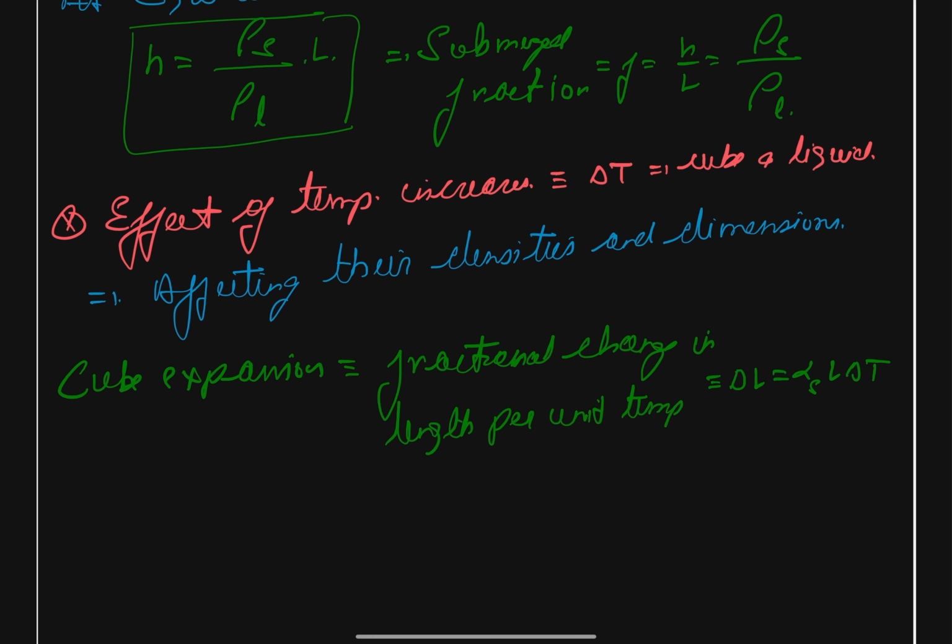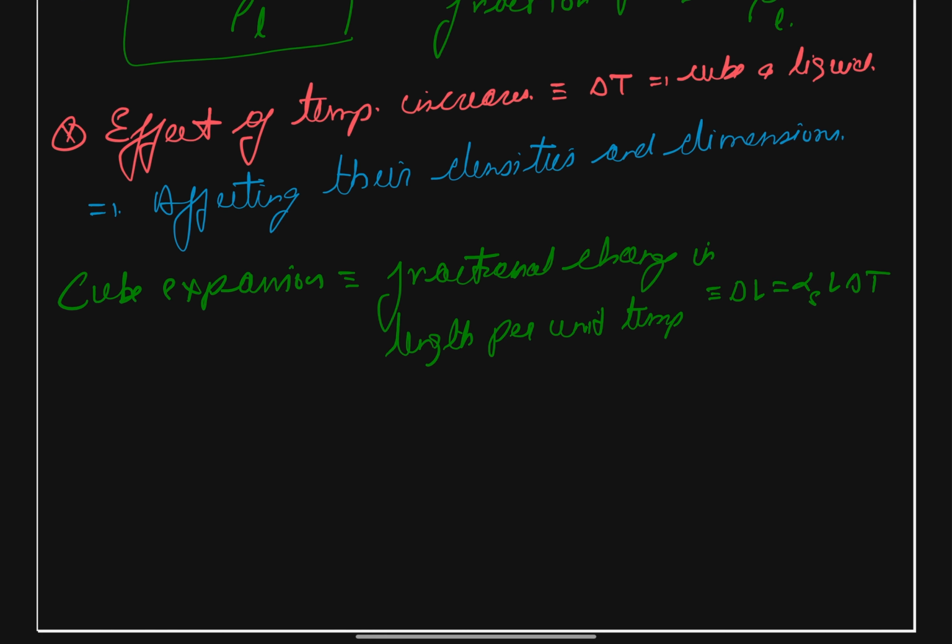Therefore, we can see from here that our new side length, L prime, will be equal to L times (1 plus the linear expansion coefficient multiplied by the change in temperature), our standard formula.